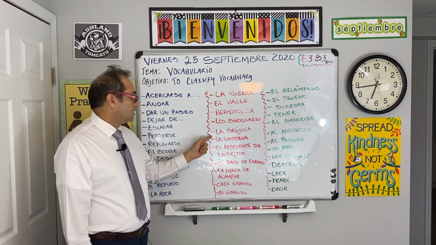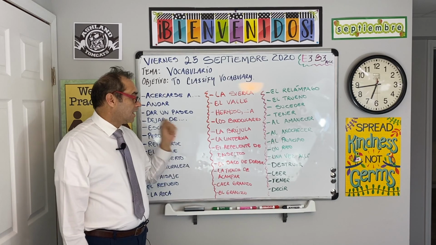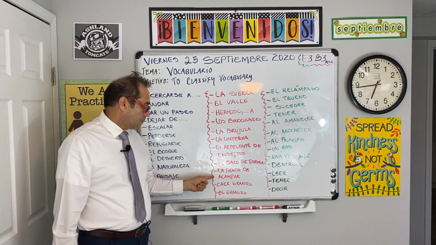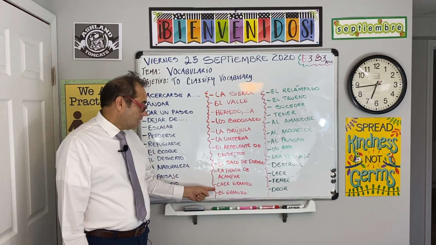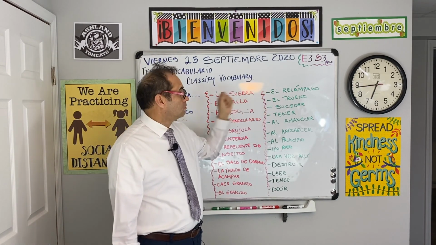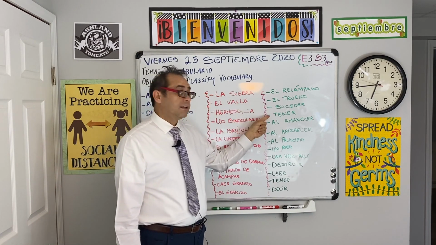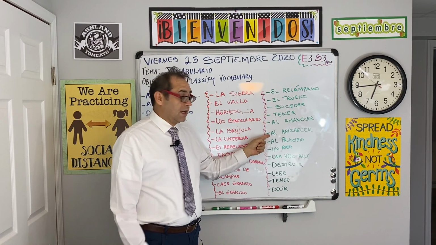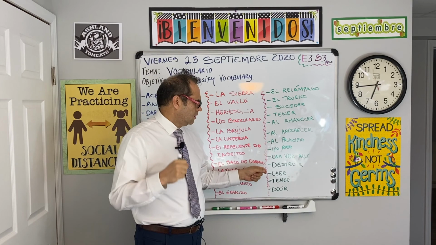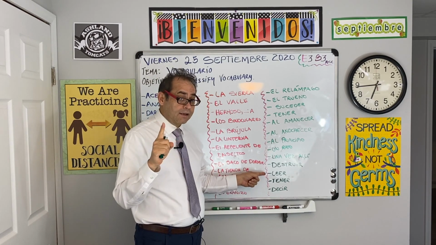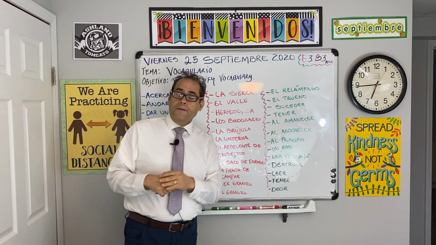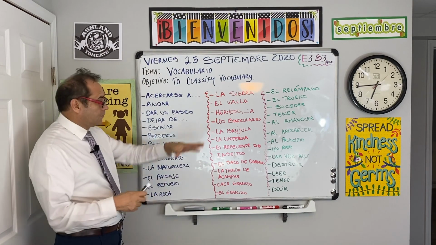Los binoculares, la brújula, la linterna, el repelente de insectos, el saco de dormir, la tienda de acampar, caer granizo, el relámpago, el trueno, suceder, tener, al amanecer, al anochecer, al principio, un rato, una vez allí, destruir, leer, tener, decir. Okay, so we have a big collection of different words here.